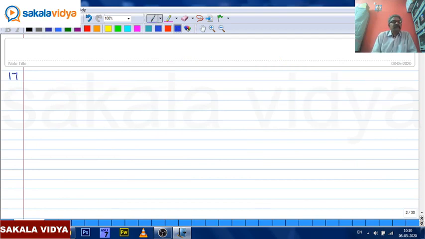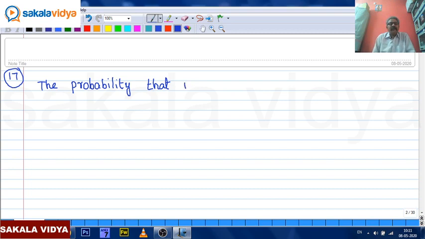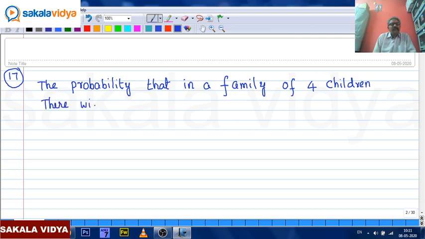Seventeenth problem. The probability that in a family of four children, the family consisting of 4 children, there will be at least one boy out of 4 children, at least one boy.